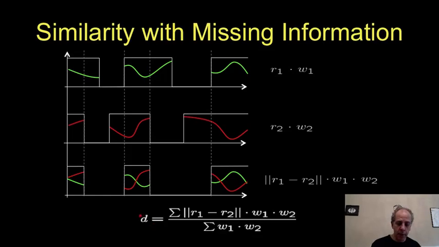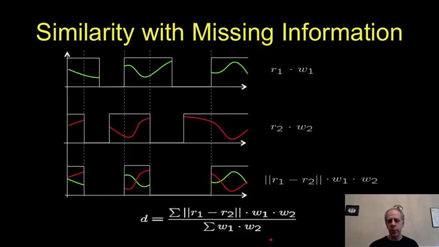This is going to be your distance. You take the difference between the images, but you only consider where both of them are available. And of course, you have to normalize by the amount of energy that you have per signal. And that's written here. That's standard. Otherwise, this distance will depend on how much overlap you found, and we need to normalize for that. So that's the distance that we are going to use to illustrate the examples in the next few slides.